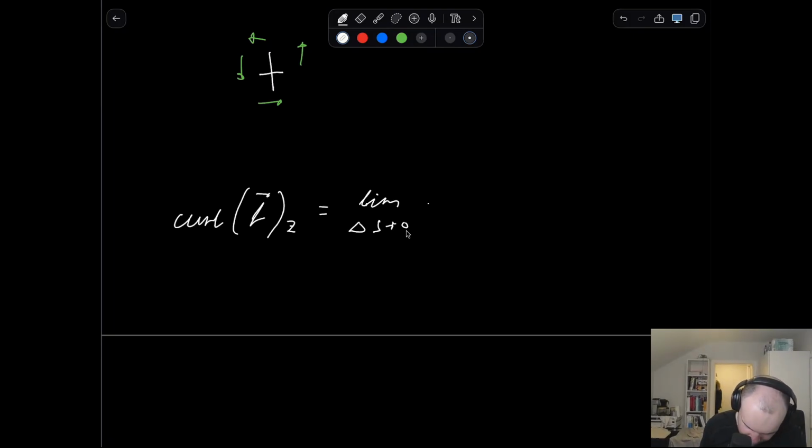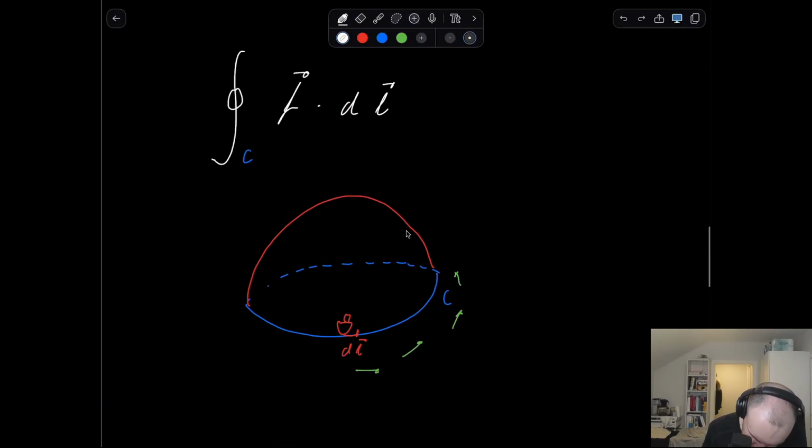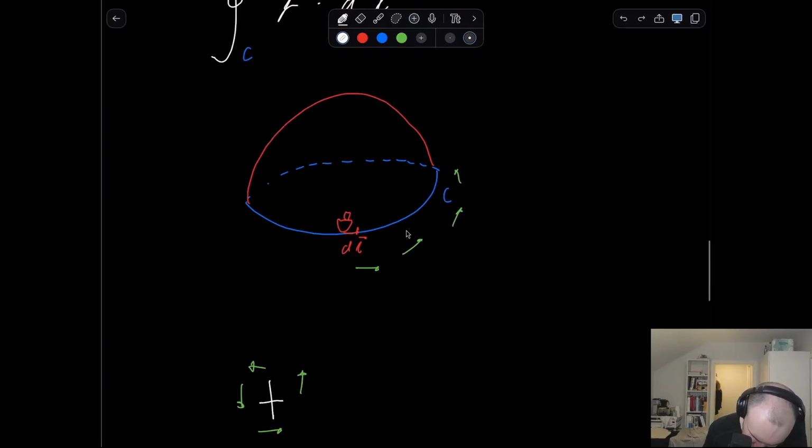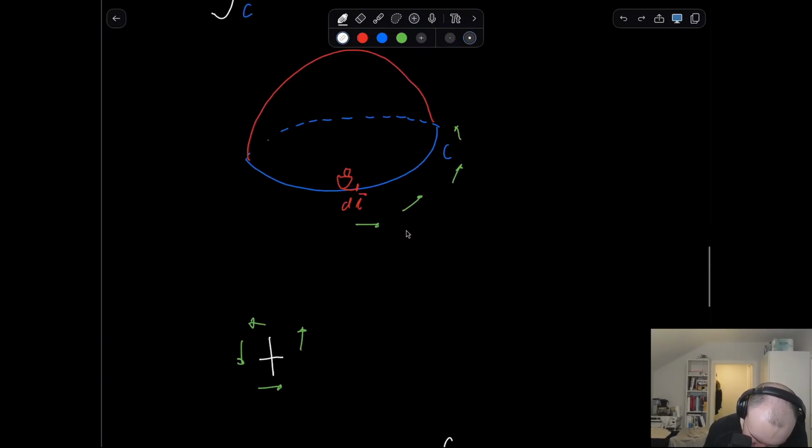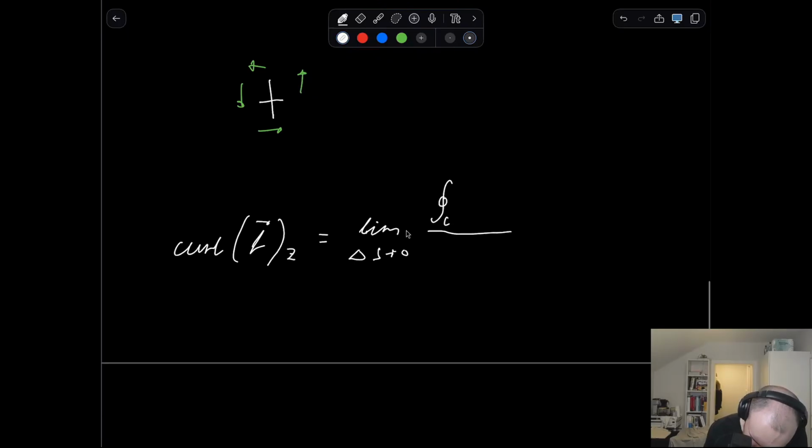And again, it's a ratio, I mean. And then we take the same line integral over that closed loop. Do we take the surface integral? Of course we take this integral. So I take the line integral and I let this guy, do I want the surface integral maybe? No, that wouldn't make sense.